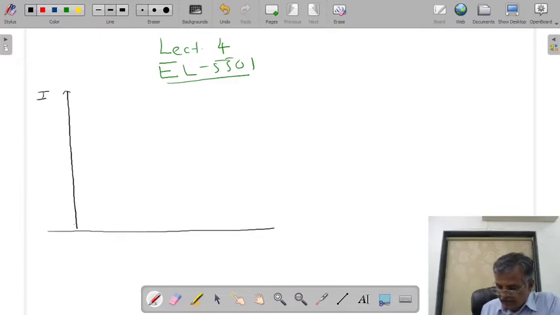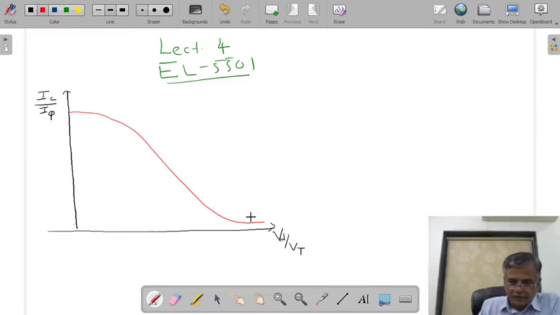This is your IC upon IQ, the normalized collector current, versus VD upon VT. See the graph of IC by IQ versus VD by VT, I am showing in this way.